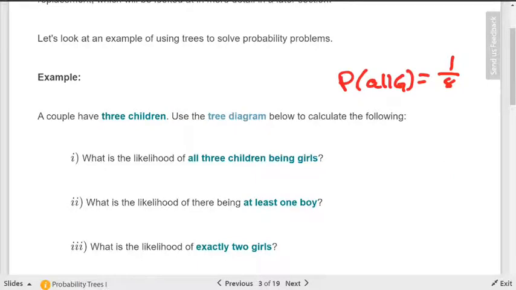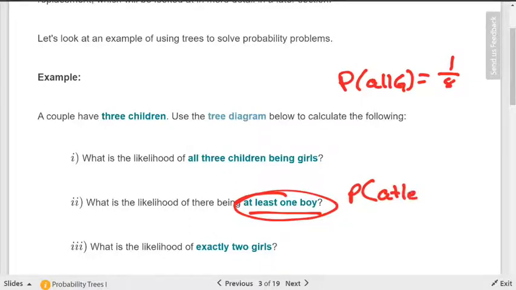All right? What's the likelihood of at least 1 boy? So is that just 1 branch? No, there are several branches. How many branches are there? Now again, that could be all 3 boys, that could be 2 boys, or that can be 1 boy, right? So at least 1 boy means 1 or more, right? So the probability of at least 1 boy.